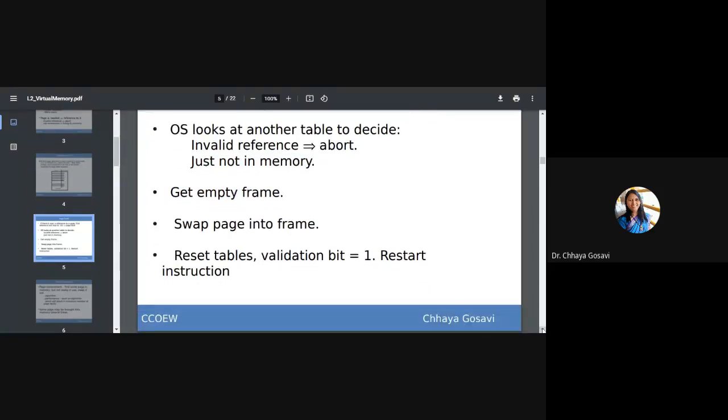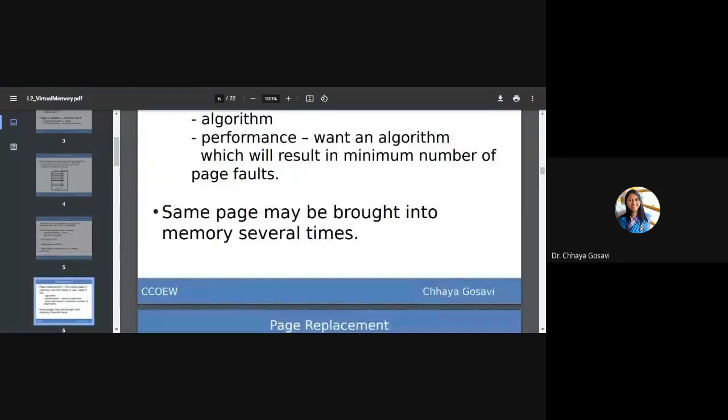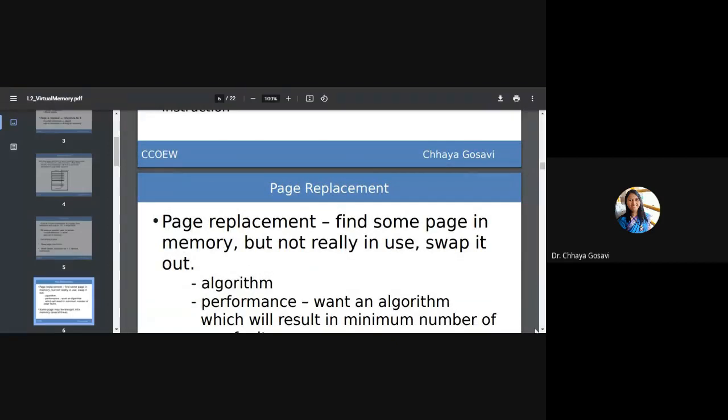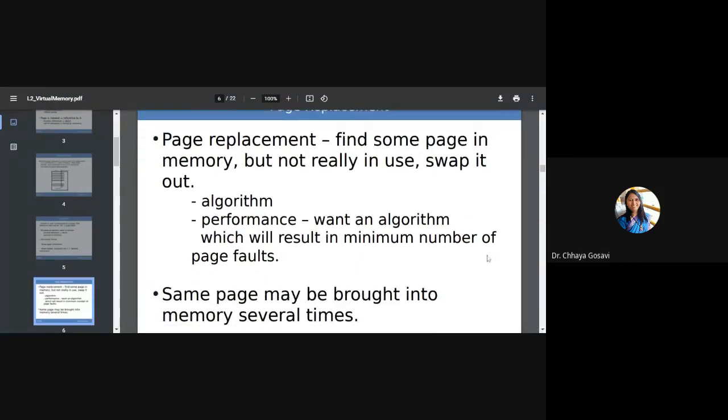If not, then get an empty frame with a page replacement algorithm, swap the page into a frame, and reset this table, meaning the validation bit which was invalid, make it valid. The page replacement algorithm will find some pages in memory but not really in use and swap them out.